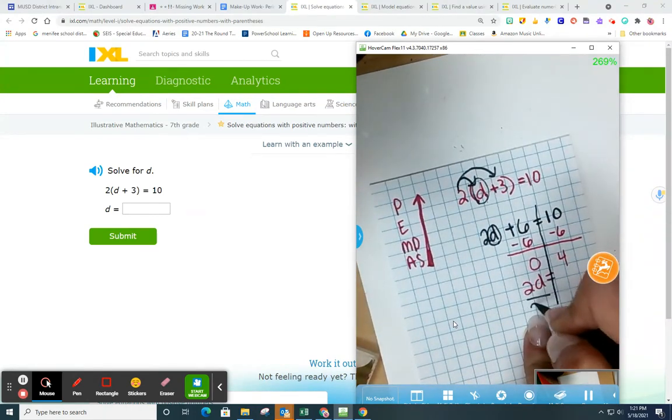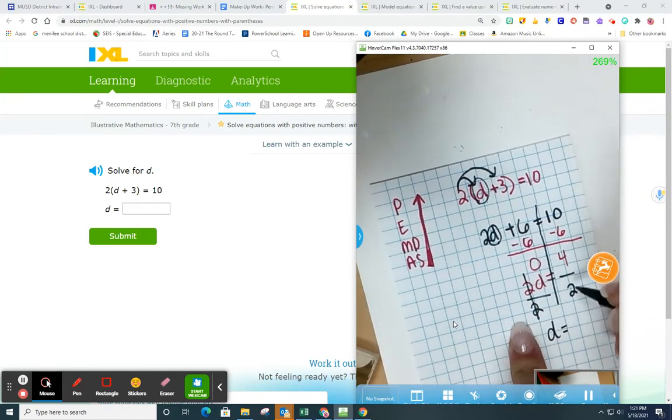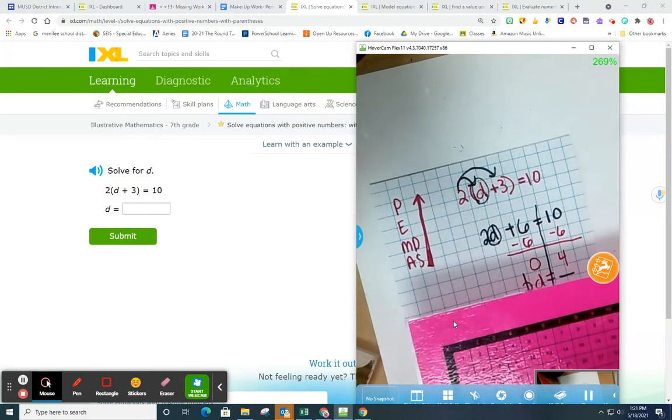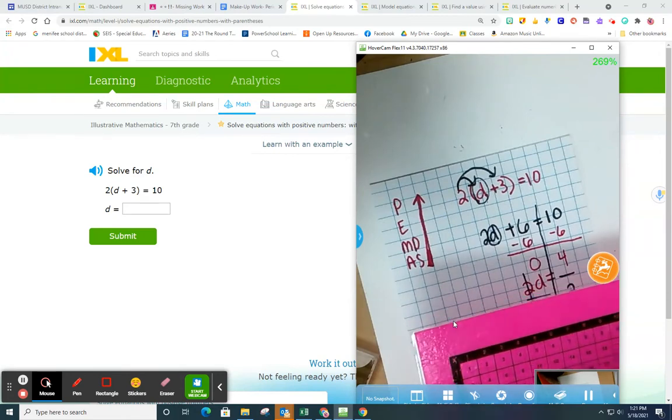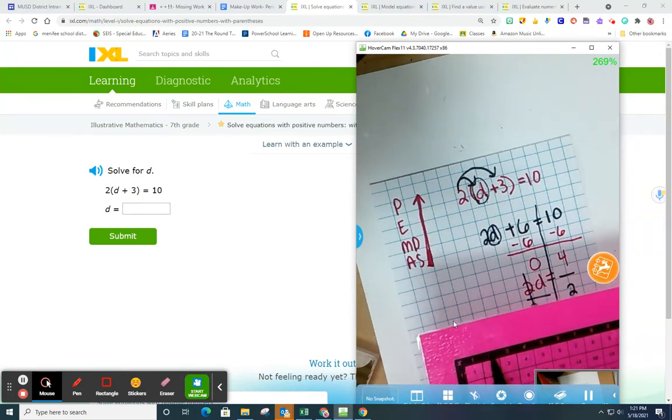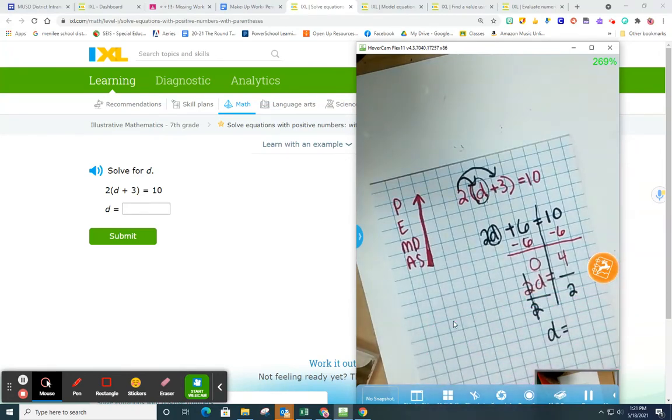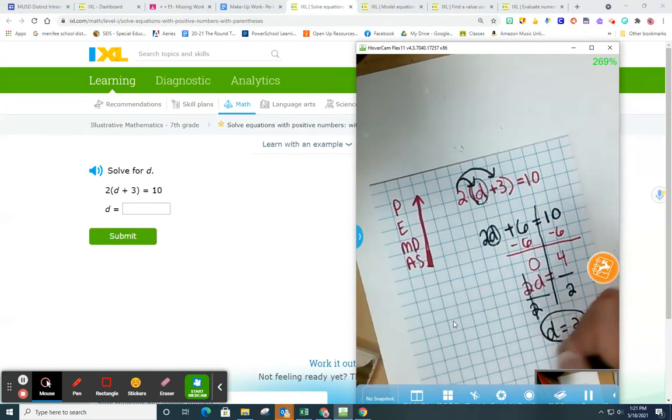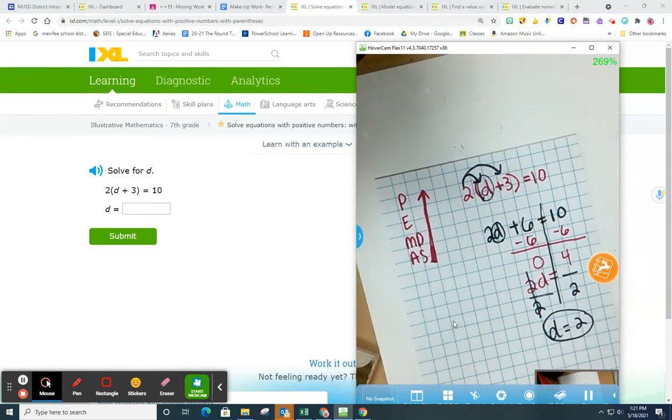So I have to divide by 2 on both sides. So if I do that, that cancels it out, and I have d equals 4 divided by 2. Well, I can look at my multiplication chart and see that 2 times 2 equals 4, so d is equal to 2.